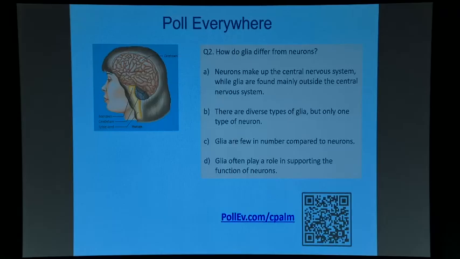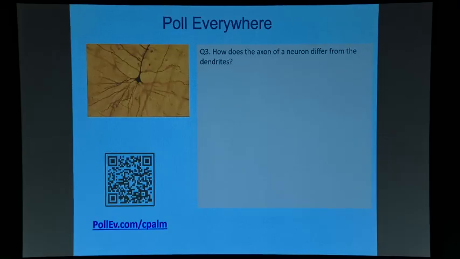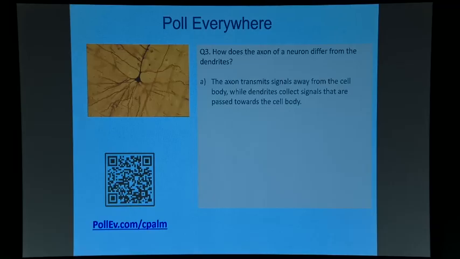Okay, so question 3. How does the axon of a neuron differ from the dendrites? A, the axon transmits signals away from the cell body, while dendrites collect signals that are passed towards the cell body. B, the axon receives signals from other neurons, while dendrites transmit signals to other neurons.